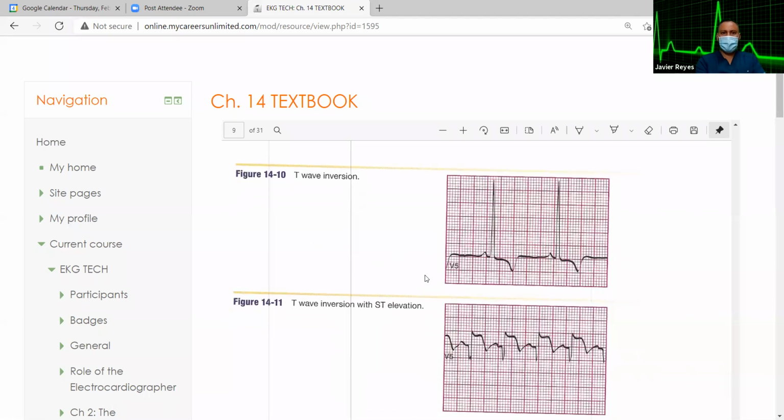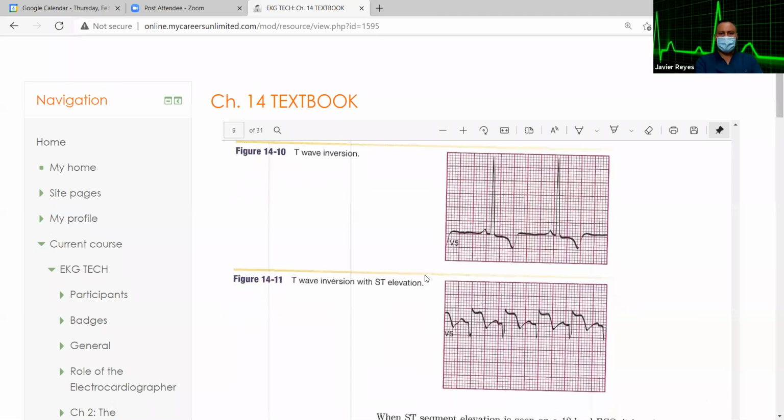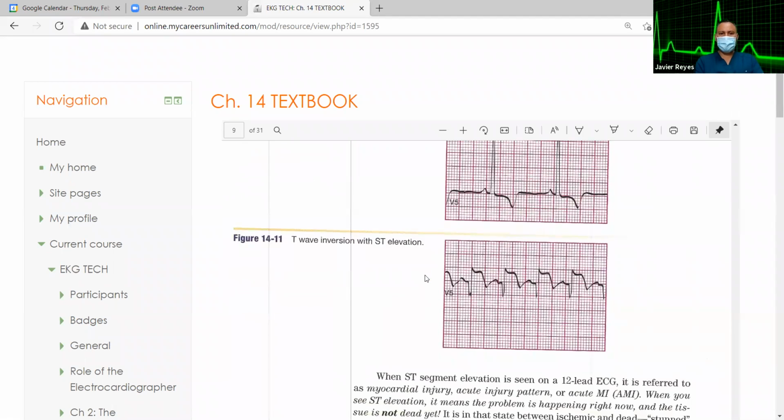On figure 14.10, you see examples of T-wave inversion. On 14.11, you see examples of both ST elevation and T-wave inversion. You see that, 14.11?